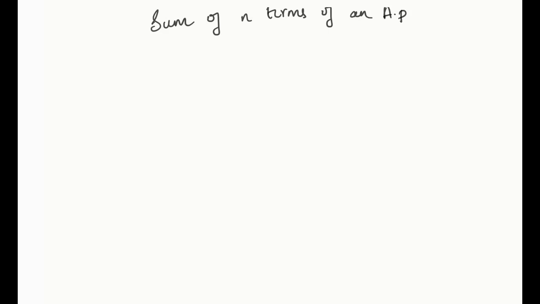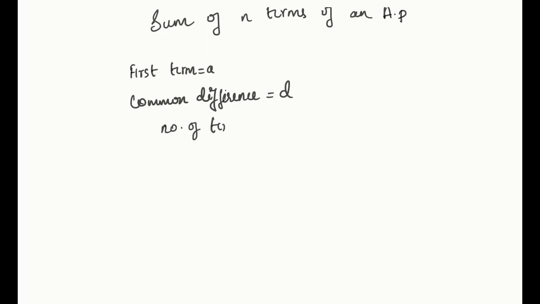For this, as usual, we'll consider the first term of the AP as A, common difference equal to D, number of terms equal to n, and last term equal to L.